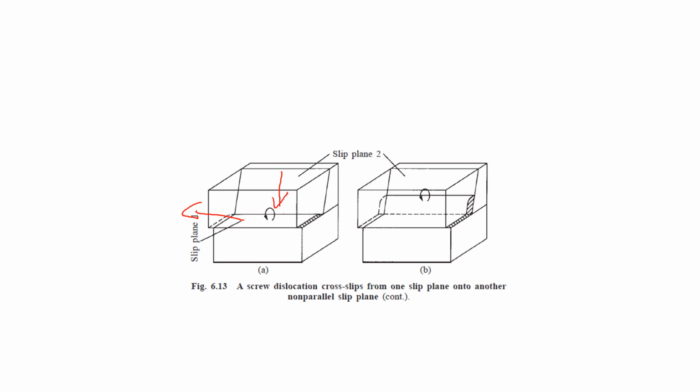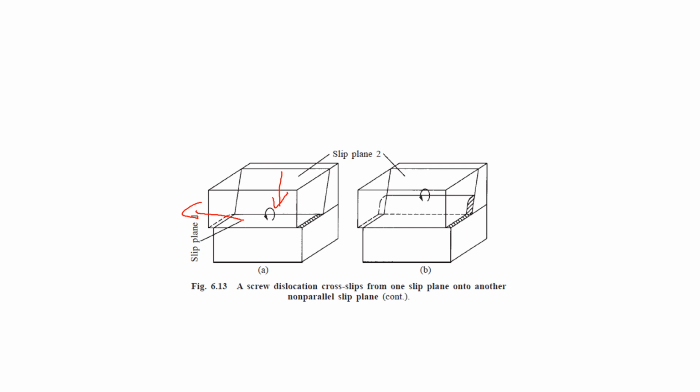So cross slip occurs: one particular plane cross slips into the other plane, and they continue to glide over the surface. This illustrates the cross slip of a screw dislocation.